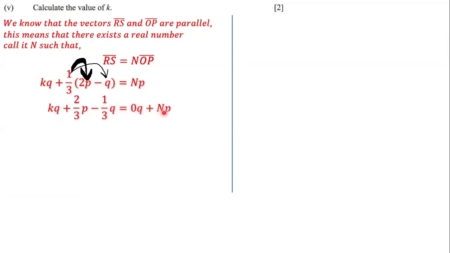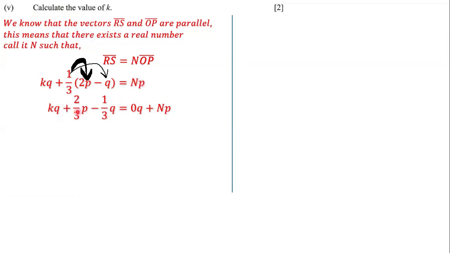The reason I put 0Q is because notice that we have a term that has P in it on the right-hand side.